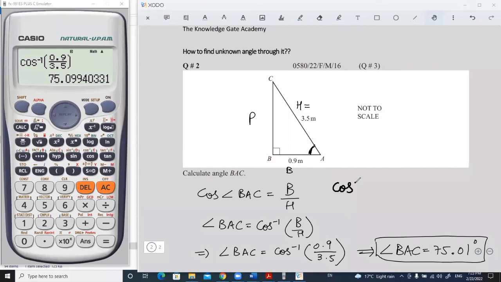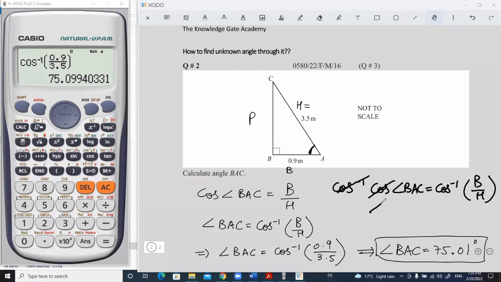So it becomes cosine inverse of cosine angle BAC equals cosine inverse of B by H. The opposite of the inverse of a trigonometric ratio is that trigonometric ratio itself, so these two can be cut.